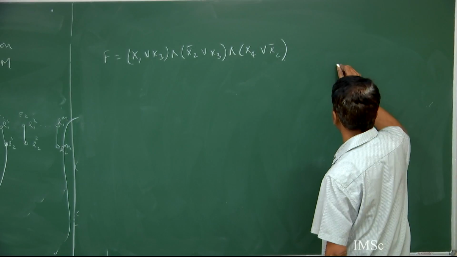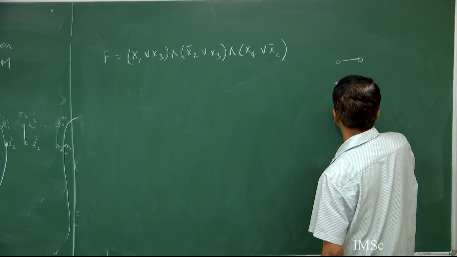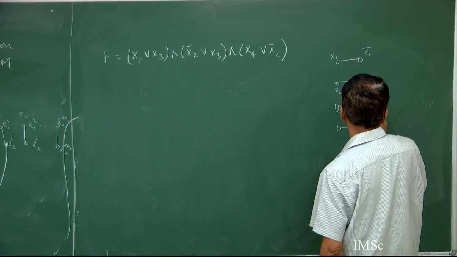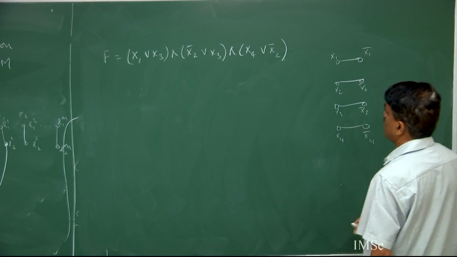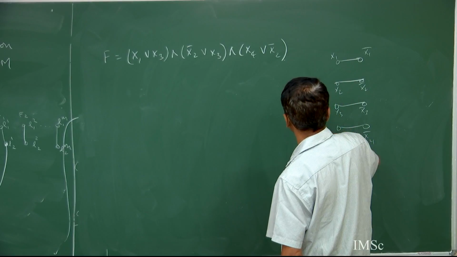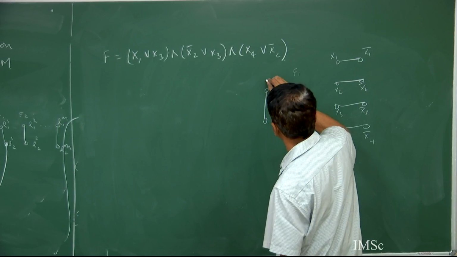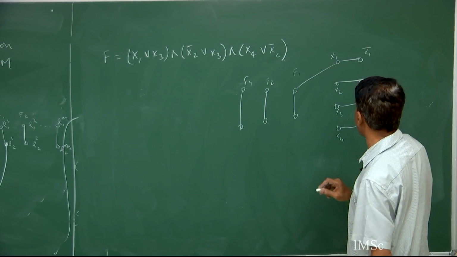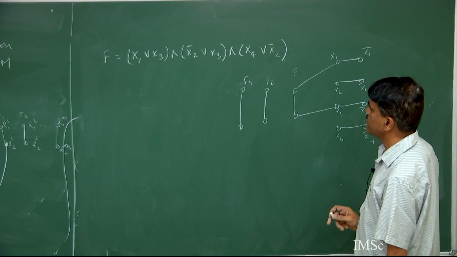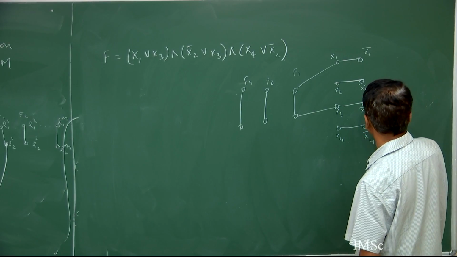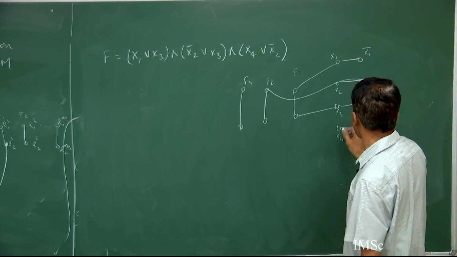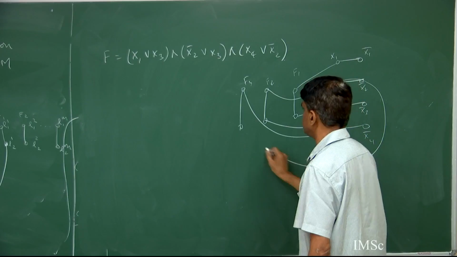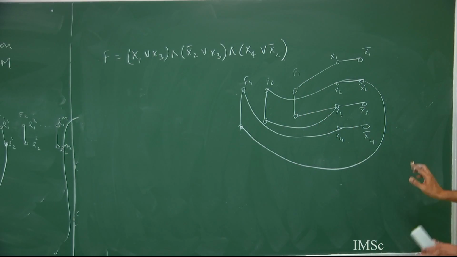My graph will look like this: this corresponds to F1, this corresponds to F2, and F1 is x1 or x3, and the second clause is x4 or x2 bar. That is my graph.